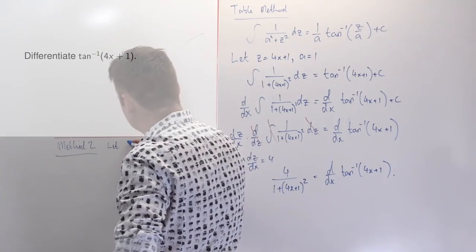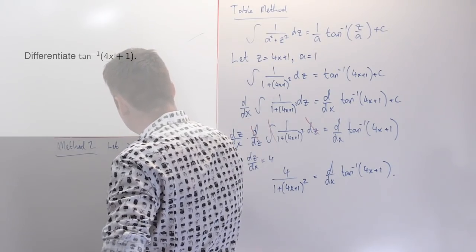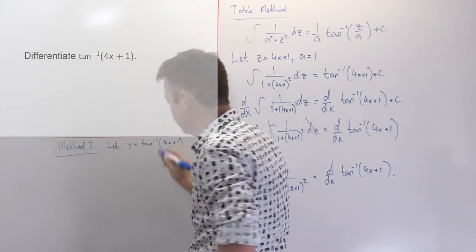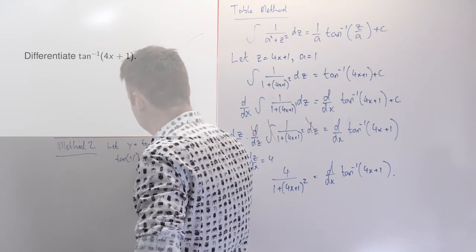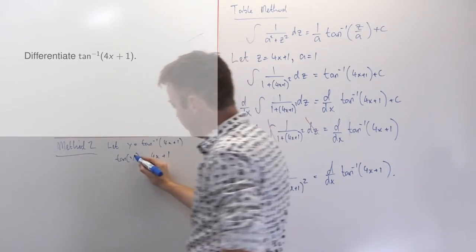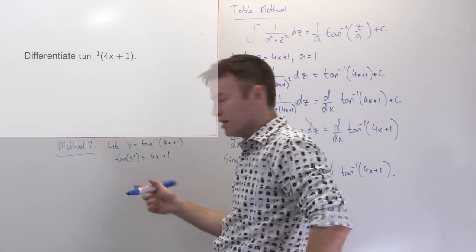So let y equal tan inverse of 4x plus 1. Then you can rephrase this whole thing as tan of y is equal to 4x plus 1. And then I can differentiate this whole thing with respect to x. Now remember, what I'm after here is dy dx.